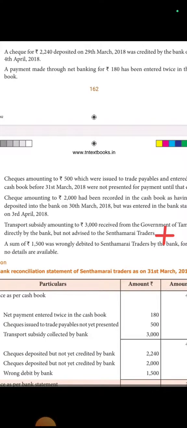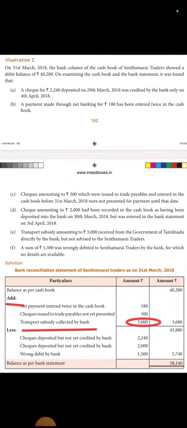So as per the bank statement, we have to add 3000 rupees to Sendamari traders cash book, right? So that's one. It only shows the cash balance is equal to the bank statement.